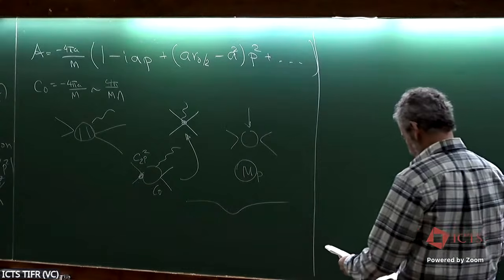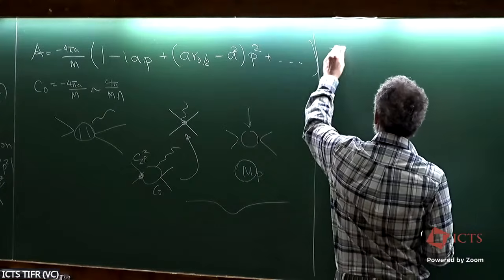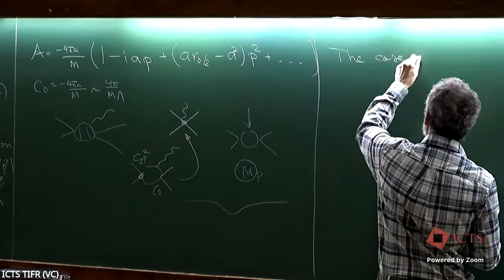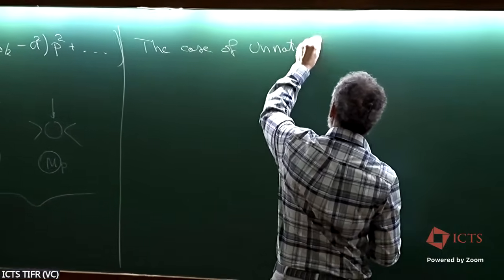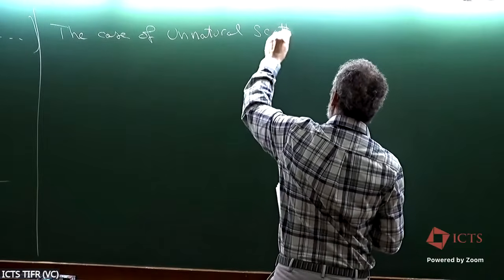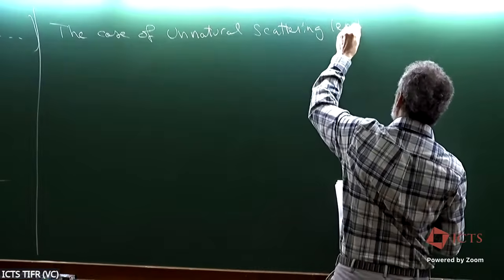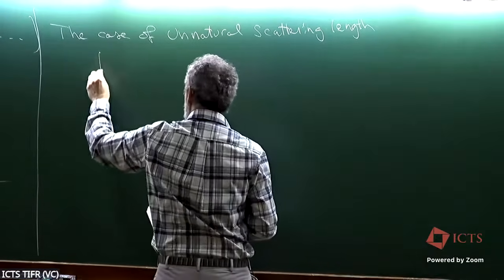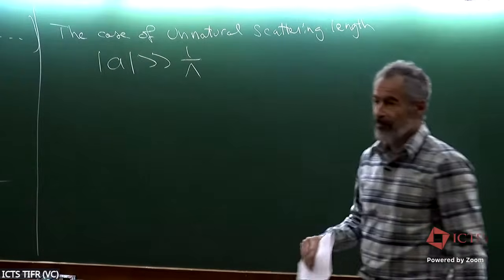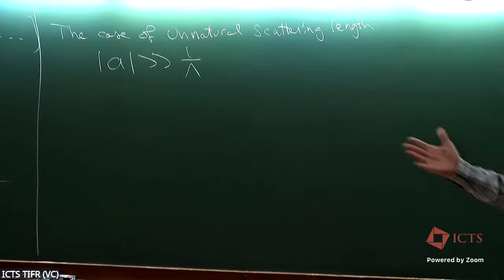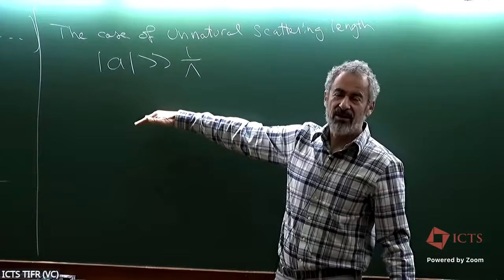So let's go to the unnatural scattering length. And again, this clearly is associated with systems with states that are near threshold.